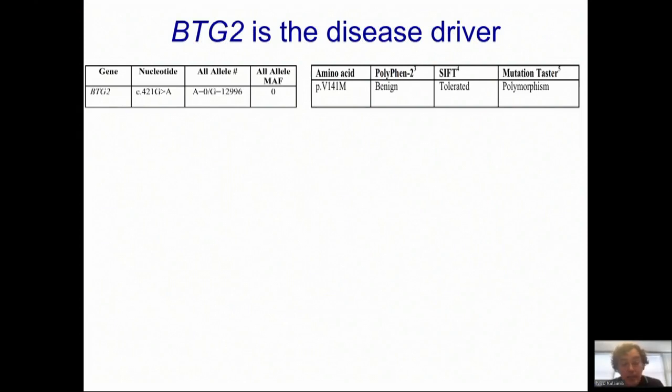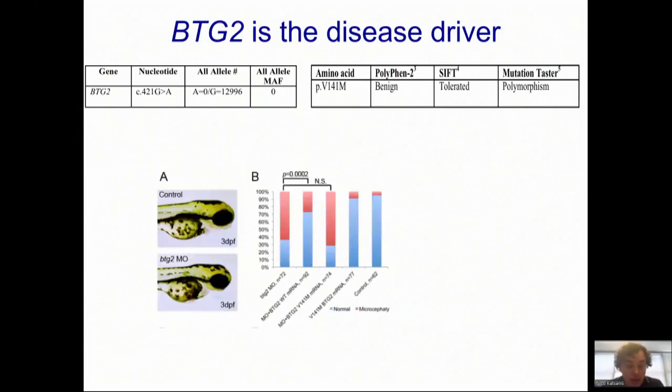Now, again, BDG2 was predicted to be benign by every algorithm that we tested. However, functional testing showed that we did not appreciate the effect of NOS2 suppression on head circumference, but suppression of BDG2 gave rise to microcephalic embryos. Once again, I'm showing you essentially a similar experiment, suppression. I'm not going to show you the CRISPR results, but we do have, again, CRISPR mutant recapitulated the phenotype.